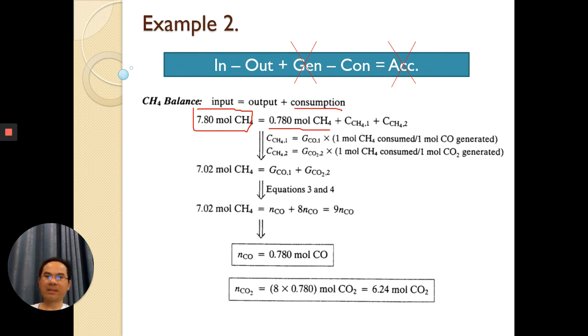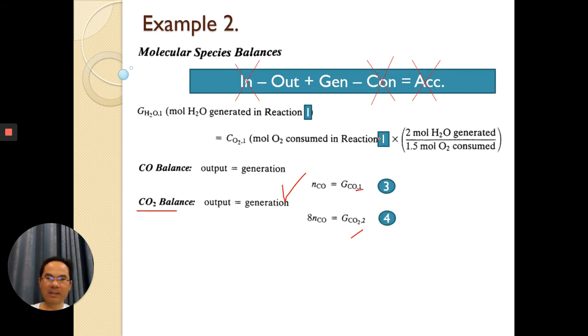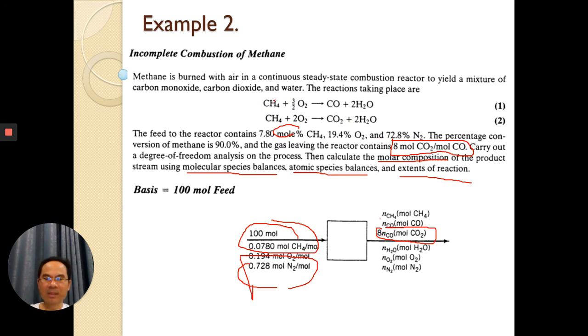And methane consumption comes from two reactions: methane consumption from the first reaction and methane consumption from the second reaction. The methane consumption from the first reaction you can express in terms of generation of CO. It is equal to generation of CO multiplied by 1 mole methane consumed per 1 mole CO generated.